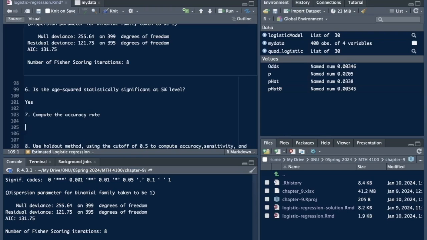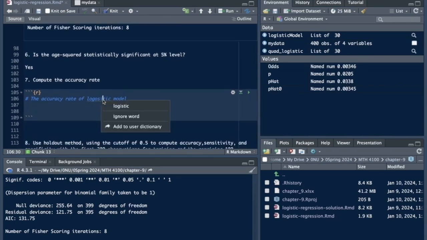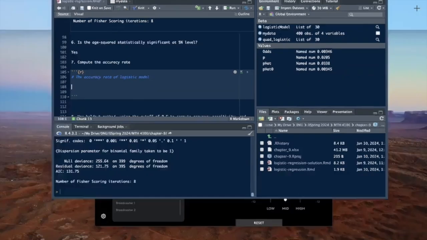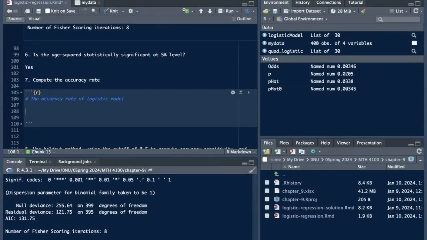First let's do the accuracy rate of the logistic regression model. I'm talking about the first one. We have to first discuss the definition of the accuracy rate.